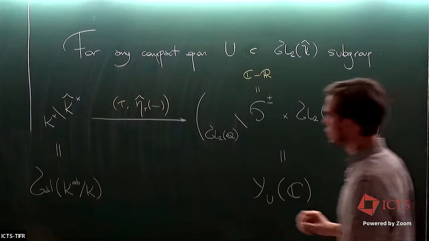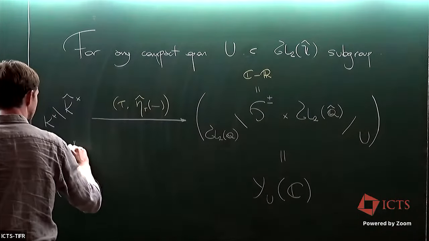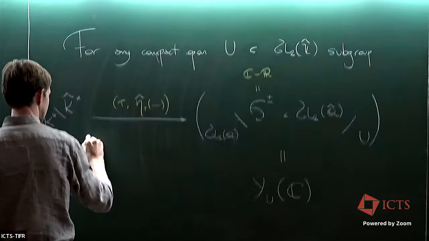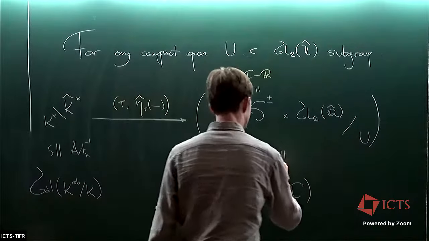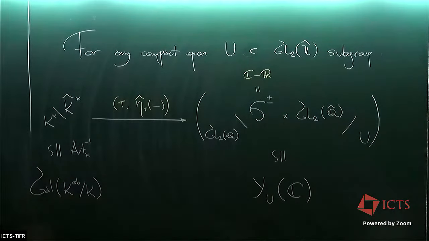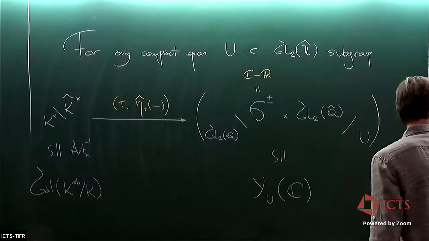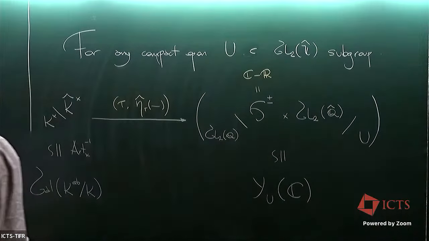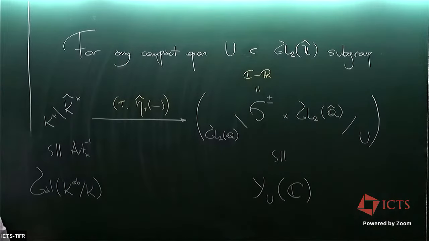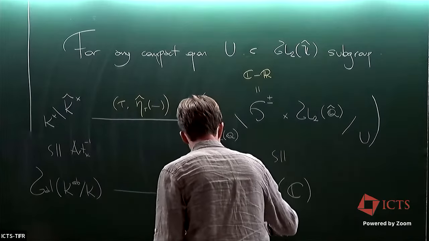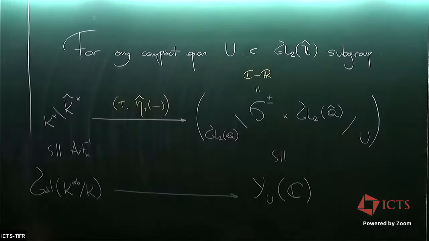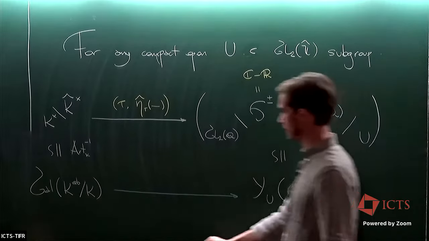So this identification here will be made by the inverse of the Artin map. Okay, so this whole yoga gives me a map from here to here. All right, now what can we say about this map?